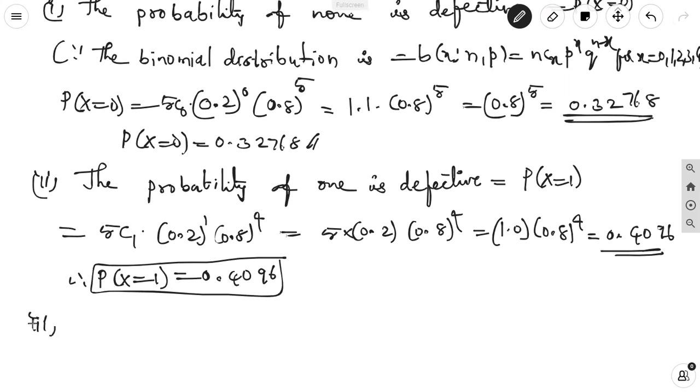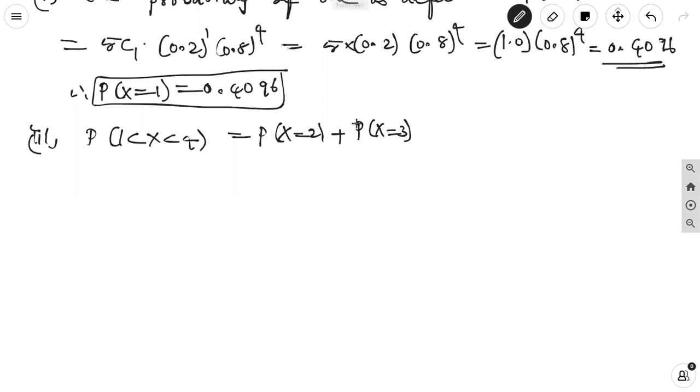Third case is probability of 1 is less than x is less than 4. That is equal to probability of x equal to 2 plus probability of x equal to 3. In between 1 and 4, the two values are there. Those are 2 and 3. Next, again, we can apply the probability of the binomial distribution, that is 5C2 0.2 whole square 0.8 whole cube plus 5C3 0.2 whole cube 0.8 whole square.